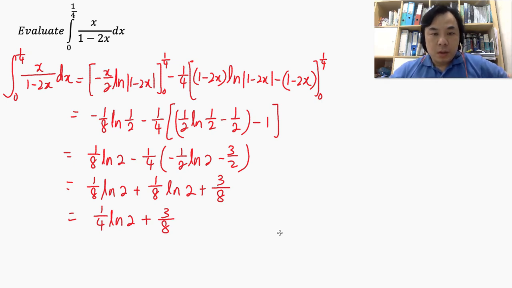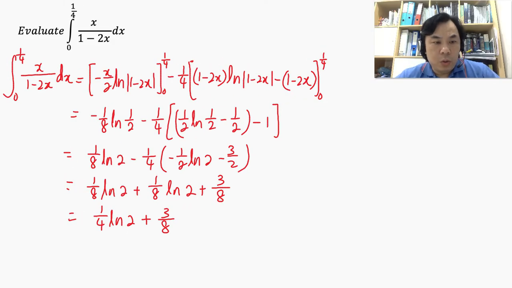I noticed that this number is not really what we got previously. Just let me check here. Let me pause for a while. Alright, now after checking through, I noticed where the error is. When I substitute my lower bound, it's supposed to be here.